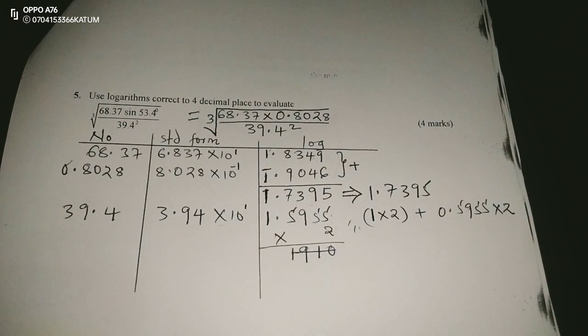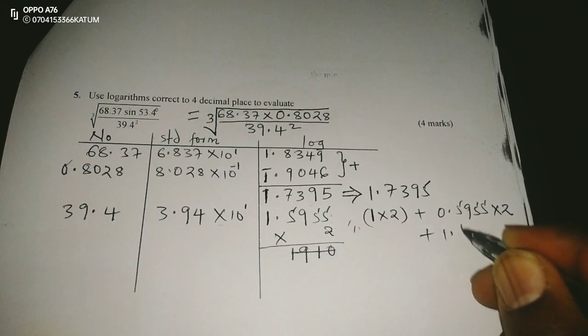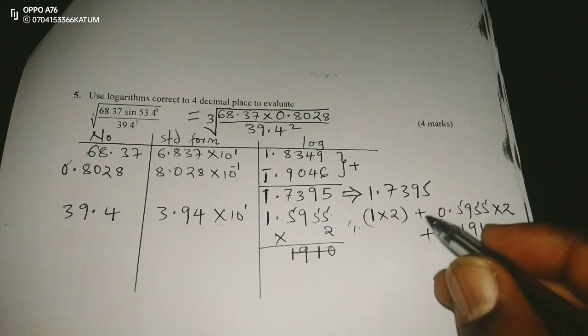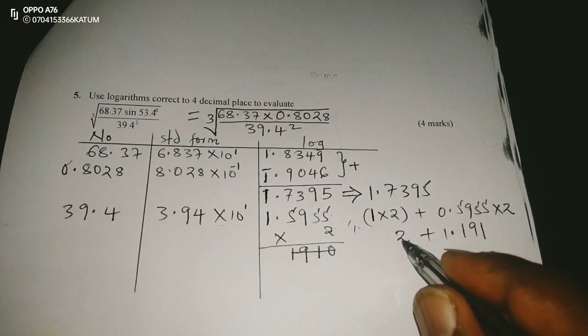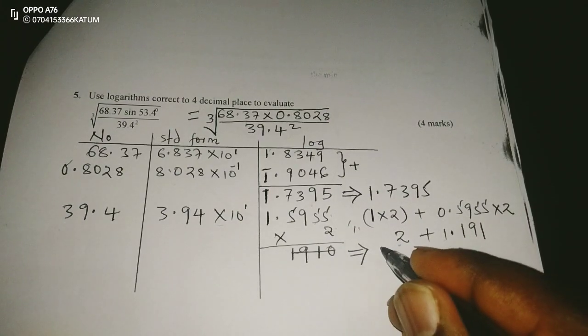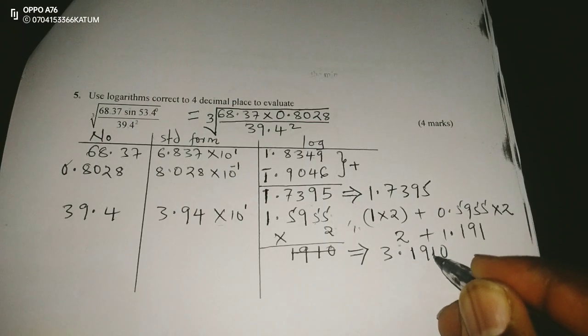When I multiply 0.5955 by 2, this gives me 1.1910. Then this side, it becomes 2. Therefore, what I'm going to have is now 3.1910.